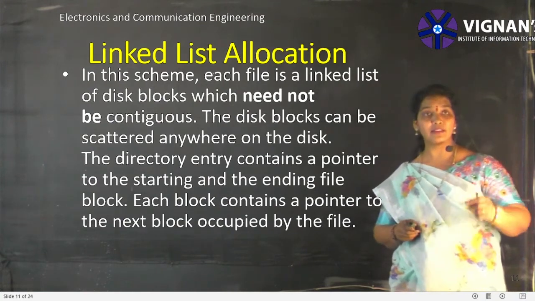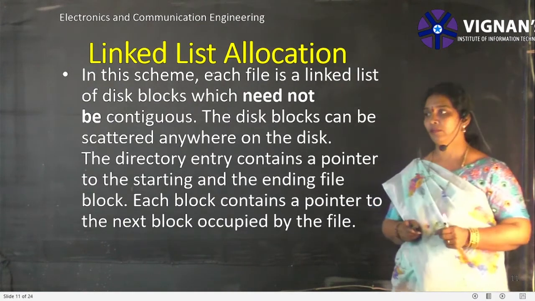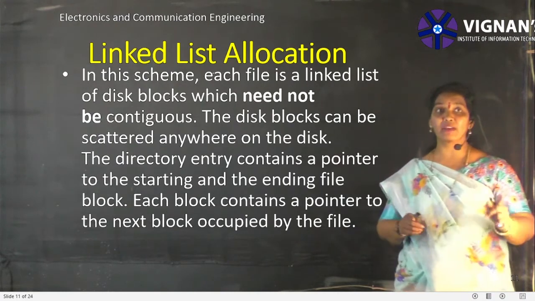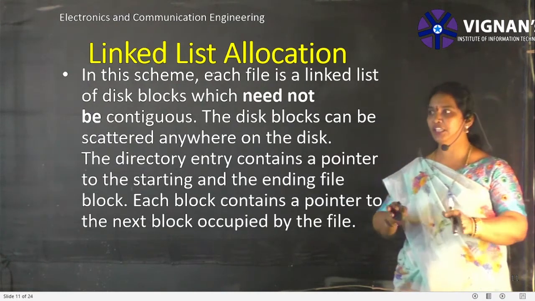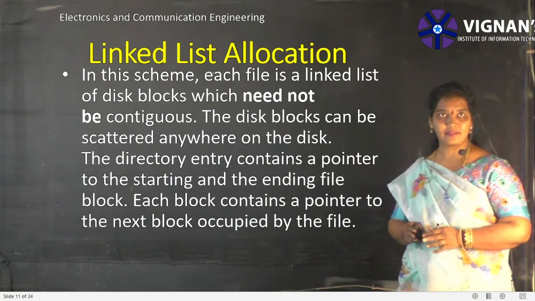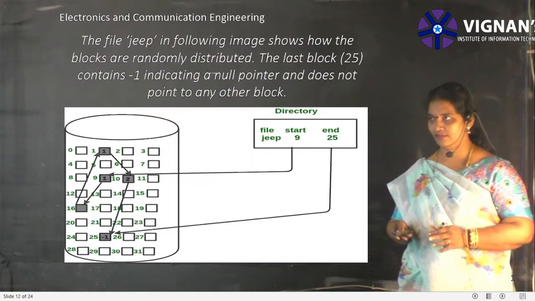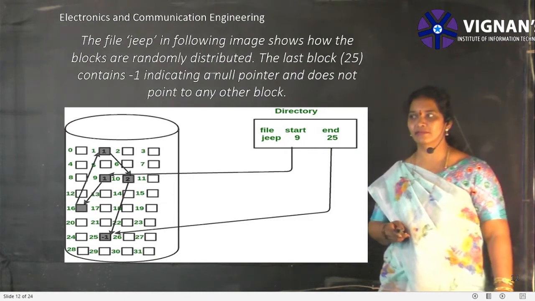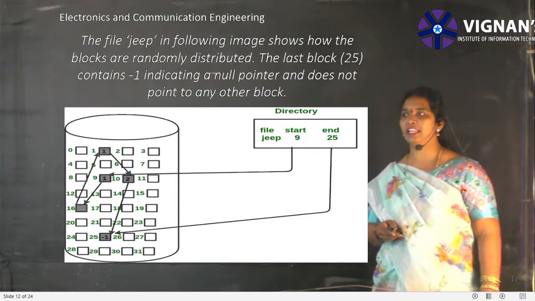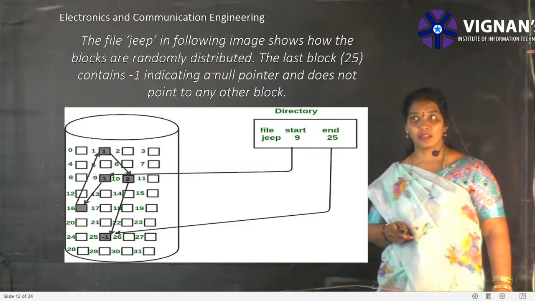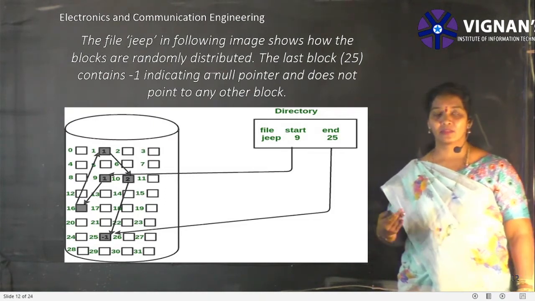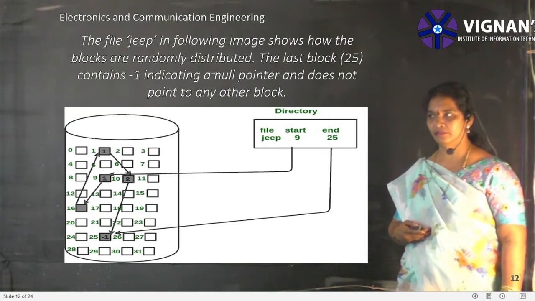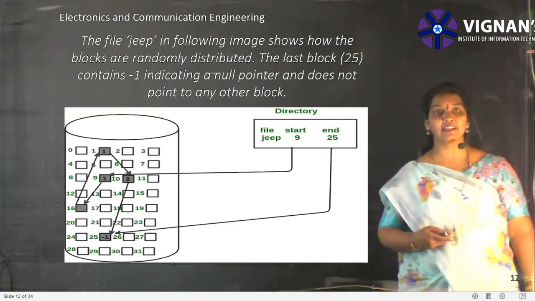Linked list means one after other. In this scheme, each file is a linked list of disk blocks which need not be continuous. The example is this. Suppose my file jeep starts at 9 and it ends at 25.